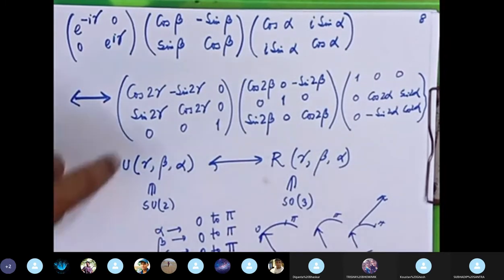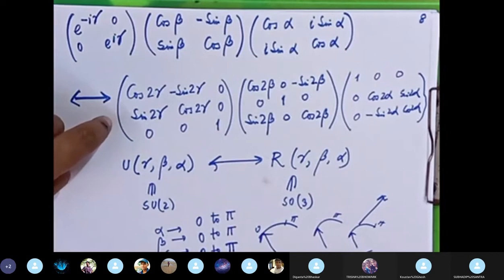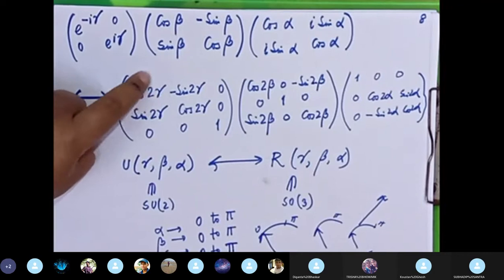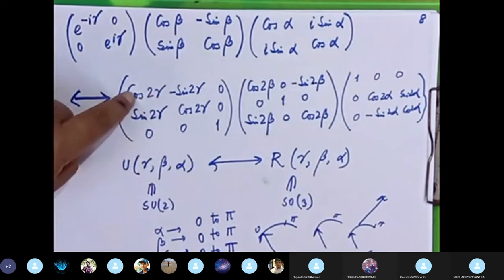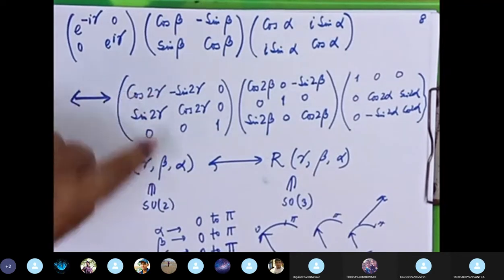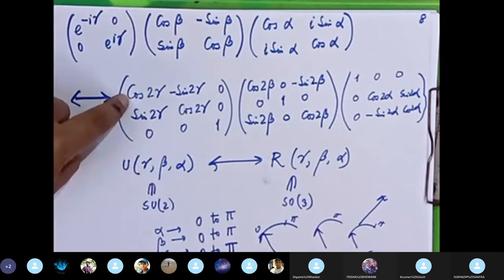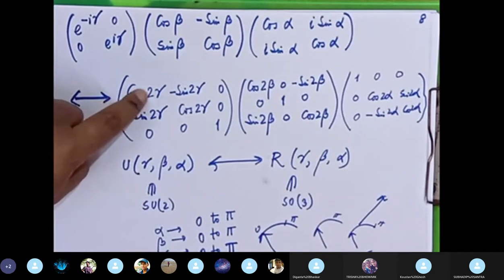then, because the argument is cos of 2 gamma, 2 beta, at pi for alpha, beta, gamma you will get identity again. You see, because you are getting cos 2 pi, sin 2 pi.